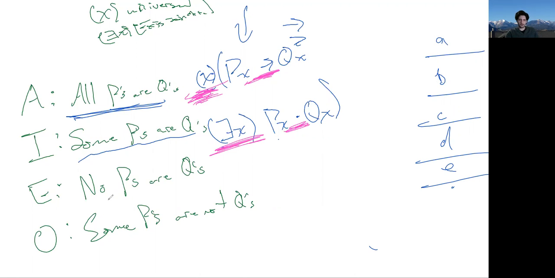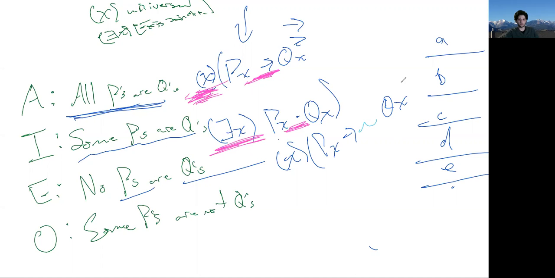But the idea is, if I want to say no P's are Q's, well, that's just the same thing as saying every single P is not a Q. So all I'm going to do is say for everything out there, if you're a P, then you're not a Q.